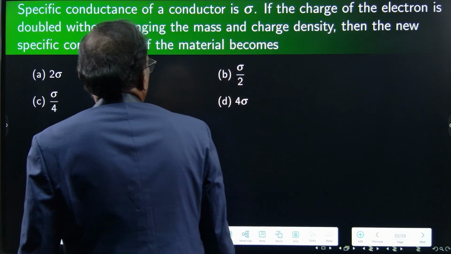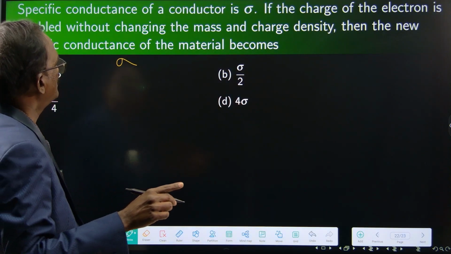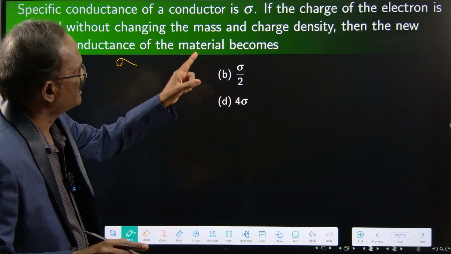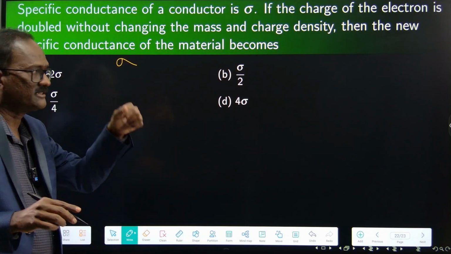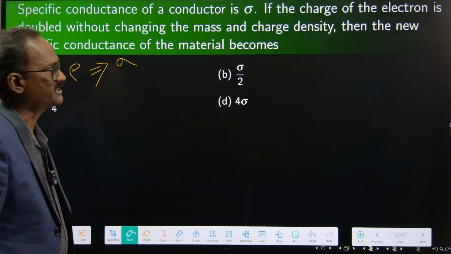Specific conductance of a conductor is sigma. Conductance, not resistance. Specific resistance is rho, but here conductance is given, sigma.